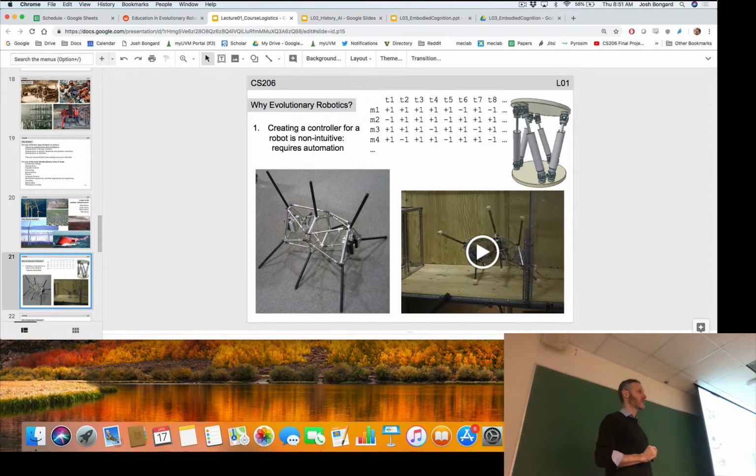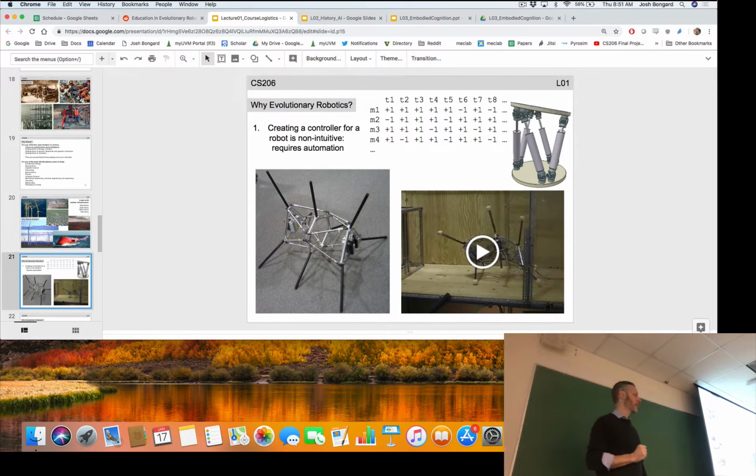So far, so good? We'll assume, for simplicity's sake, that this is a binary matrix. A value of +1 means for that motor, or that piston, we're going to send that particular signal at that time. +1 means extend the piston, -1 means compress the piston.